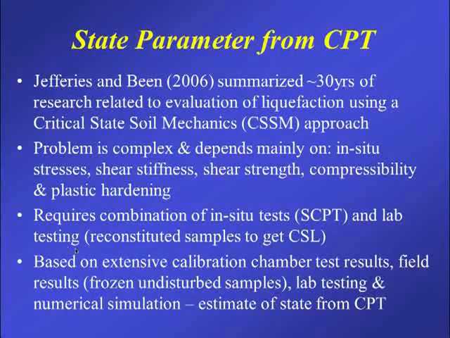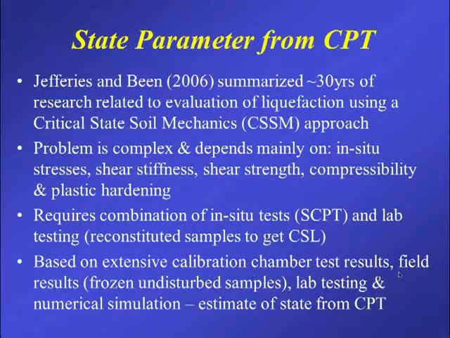Then combine that with some lab testing on reconstituted samples to determine the critical state line of the soils. Of course, if you've got a very uniform soil deposit, that's relatively straightforward. But if you've got a highly variable soil deposit, then that can be quite complex, determining the critical state line for all of the different variations of soil.